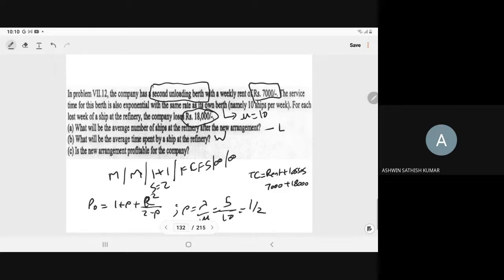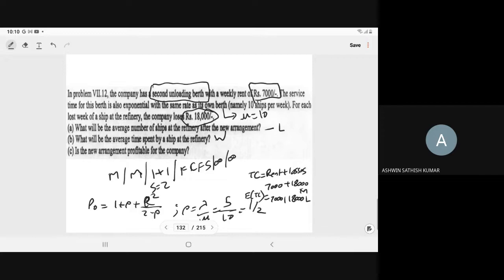So it is 18,000 into n. If you compute the expected total cost, this will become 7,000 plus 18,000 into L. So now they are asking whether the new arrangement is profitable or not.